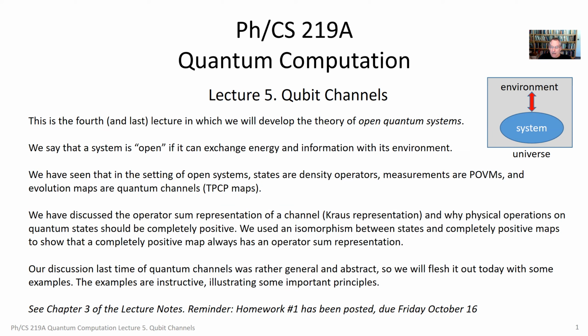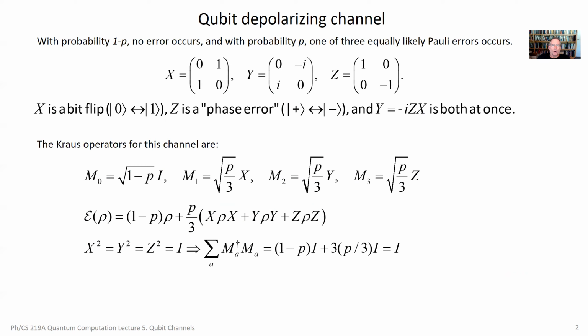So let's start. The first example of a quantum channel that I'd like to discuss is called the depolarizing channel, acting on a qubit. This channel is special because it's sort of the most symmetrical of quantum channels.